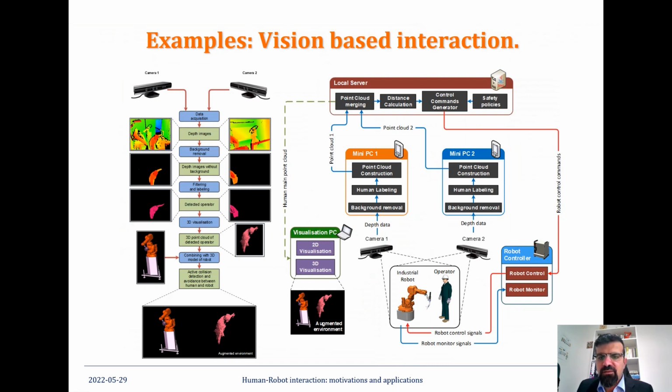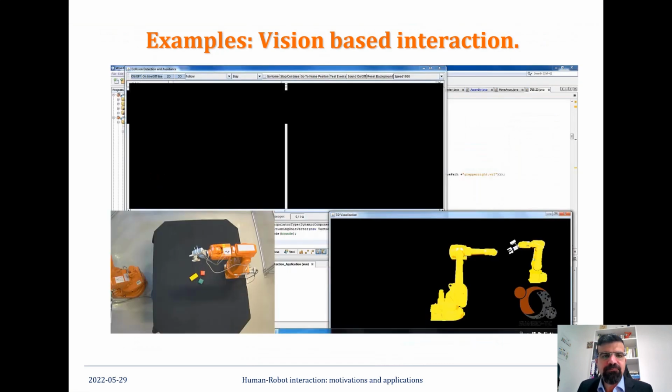As you can see in the figure on the right side, each camera is connected to a local workstation, and then to a local server that calculates the distance between the human and the robot and controls the robot accordingly.